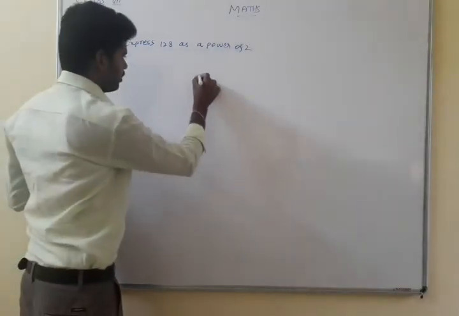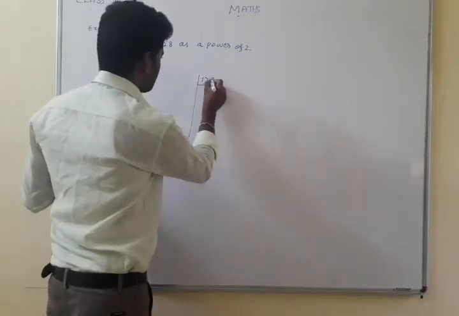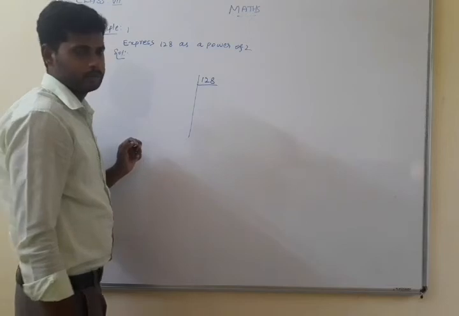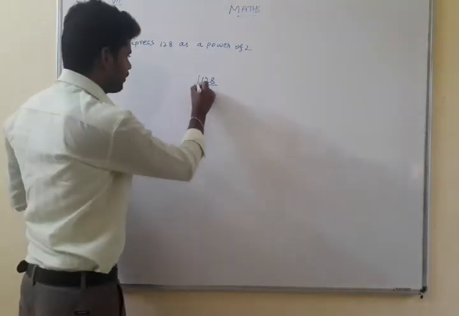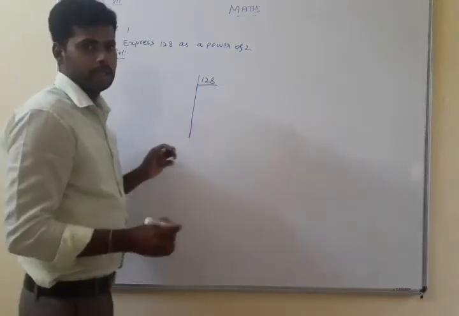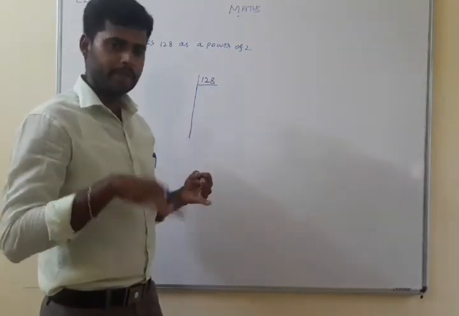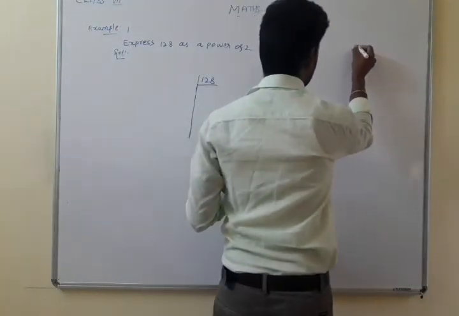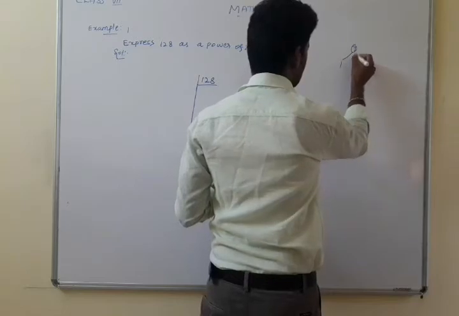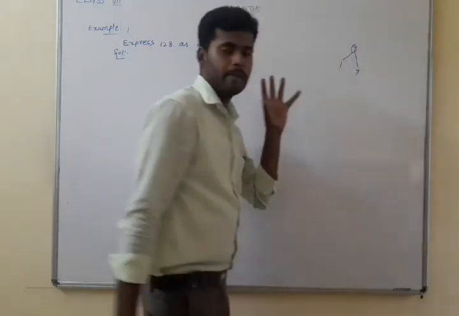Solution. 128. You take only prime numbers. You know prime numbers are divisible by 1 and the number itself, for example 7. So that is a prime number.